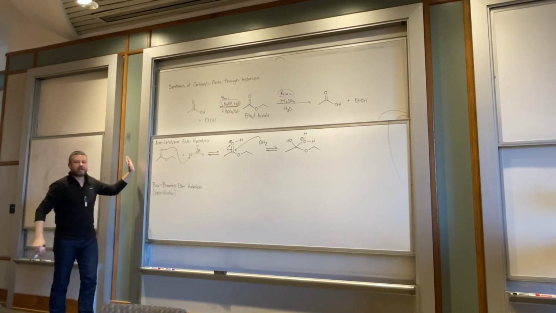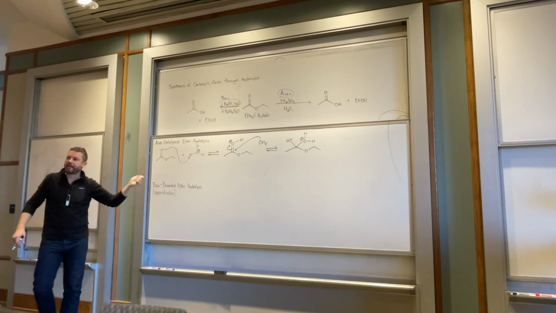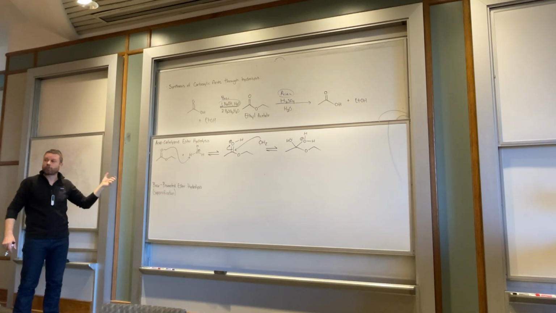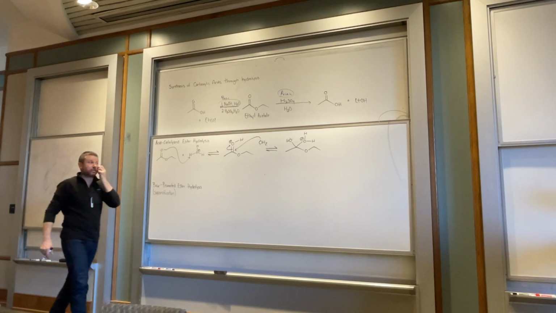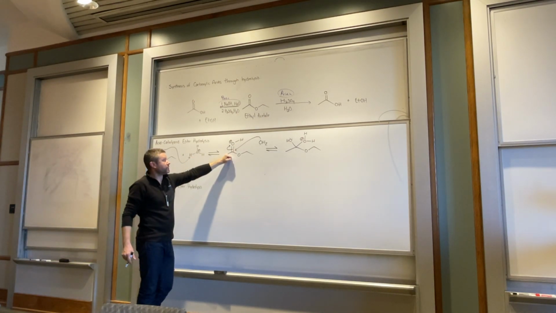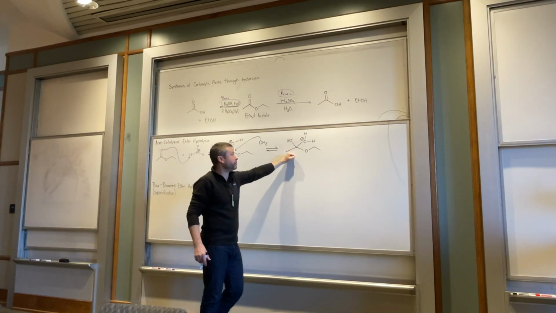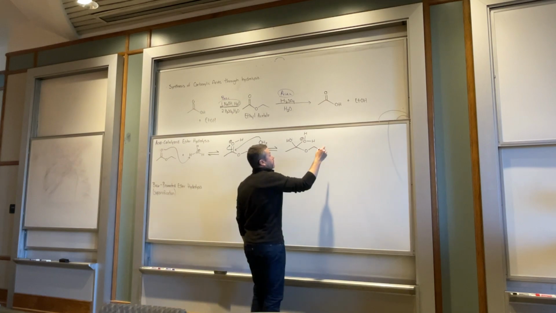You'll notice I'm in acid, so I'm keeping everything protonated, everything positively charged. I don't want to create any strong ions in here because they won't form under acidic conditions. So this has a positive charge. First intermediate, positive charge, extra proton. Third intermediate, positive charge, extra proton.